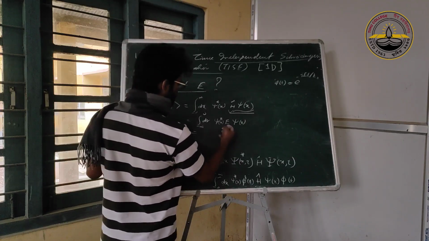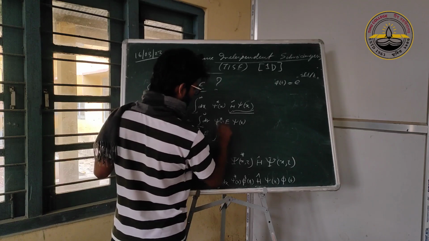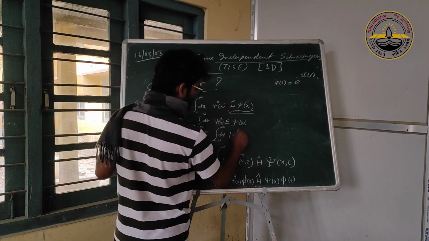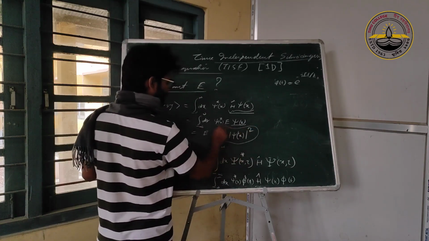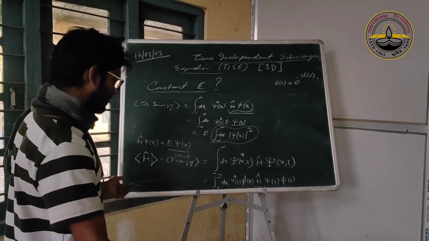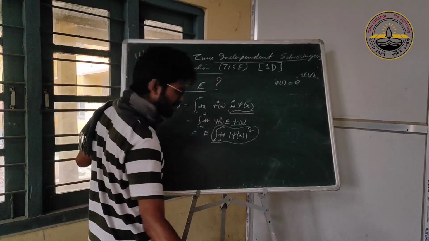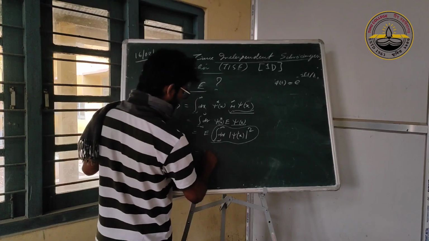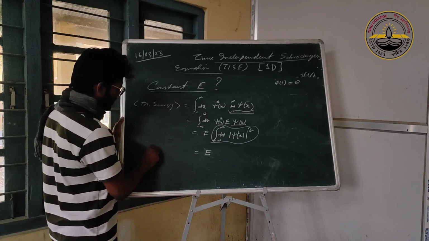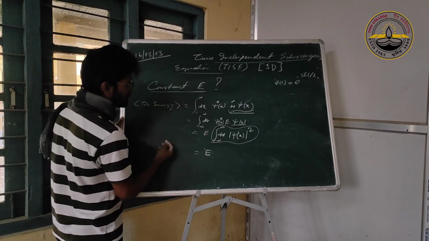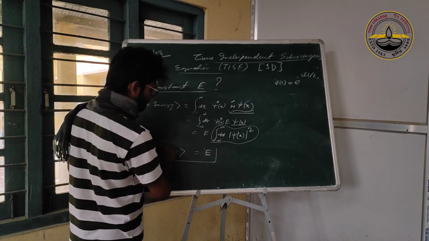So that means just E, a constant, comes out, and this is nothing but psi star psi, which is mod psi of x squared, right? And what is the value of this integral? Yes, the value of this is 1 because you normalized it. And therefore, this is E. So we see, okay, the expectation value of total energy, which is the expectation value of the Hamiltonian, is E.